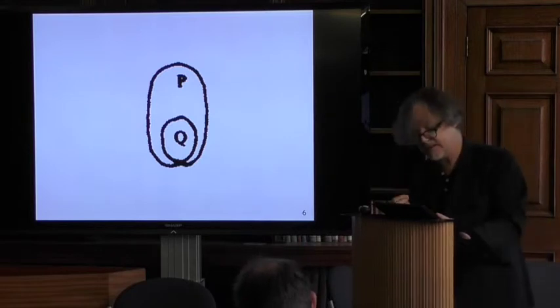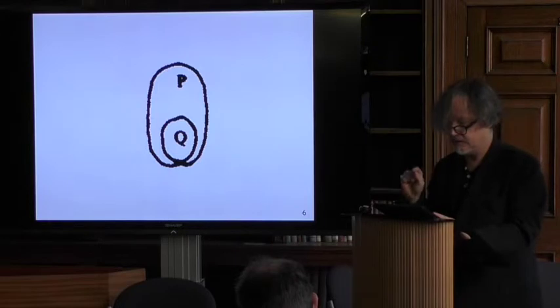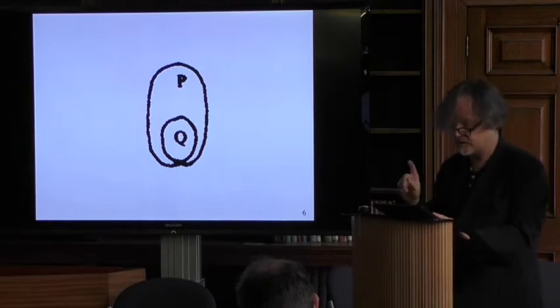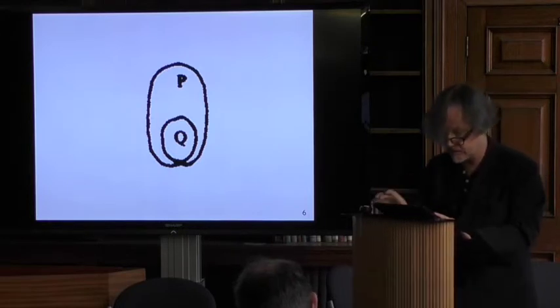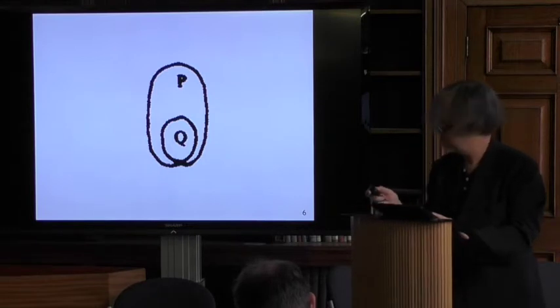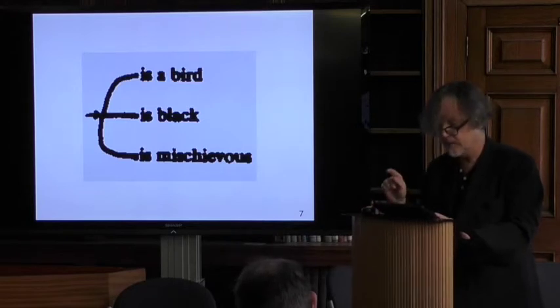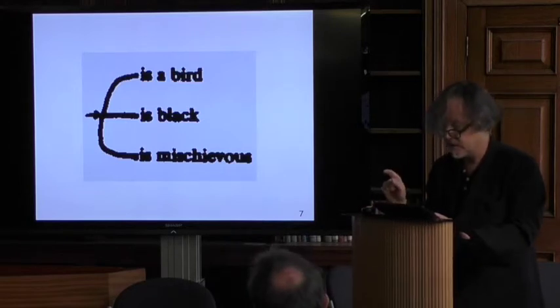The line of identity is a graph asserting the numerical identity of the individuals denoted by its two extremities and can be represented with a heavy dot. The following graph means that there is a black bird which is mischievous.